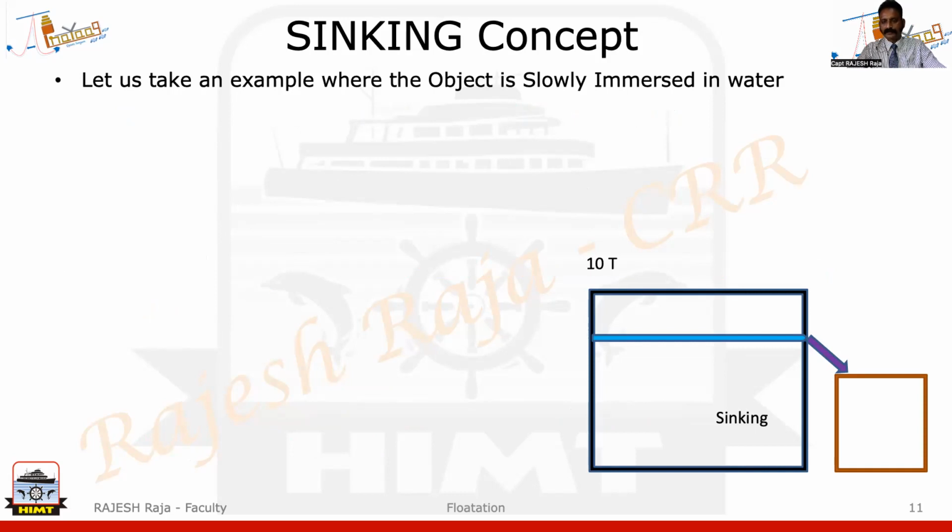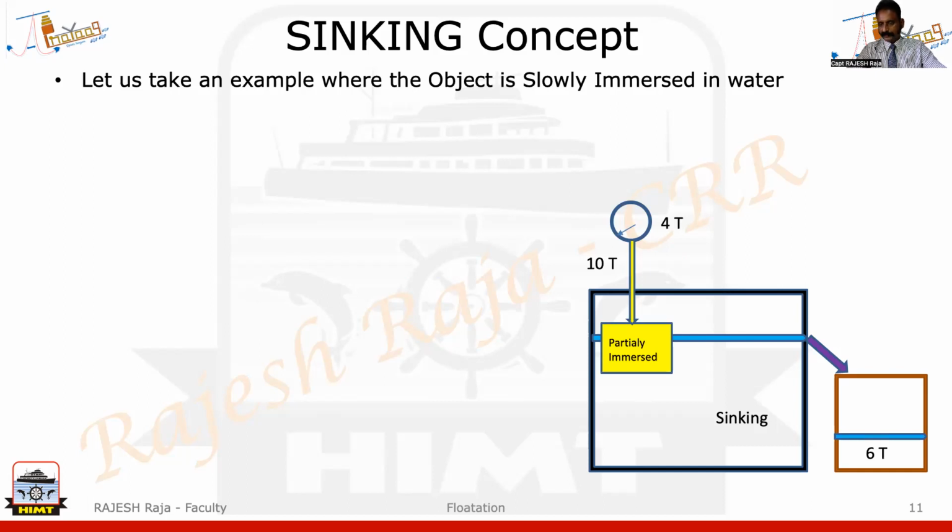Same crane was there, with a weighing machine on the crane. I started lowering, and let us say in this condition, it is partially immersed. It displaces some water, and at this time the crane is showing me 4 tons. So that means the amount of displaced water is going to be 6 tons.